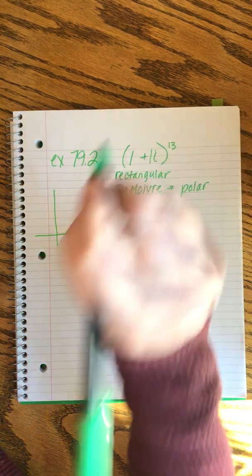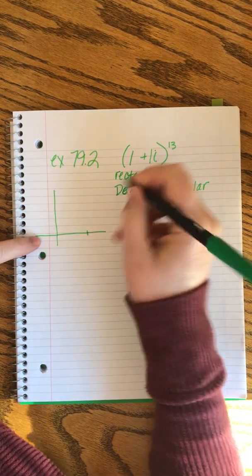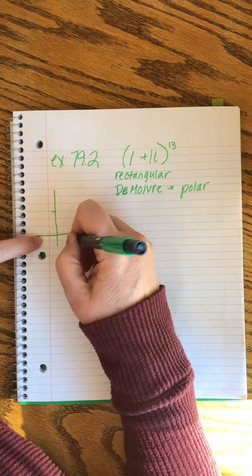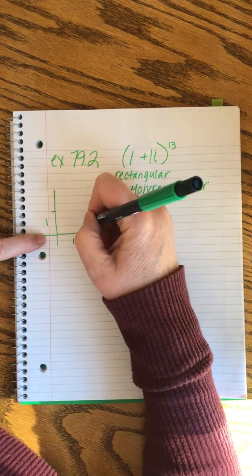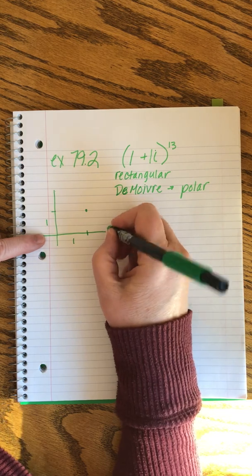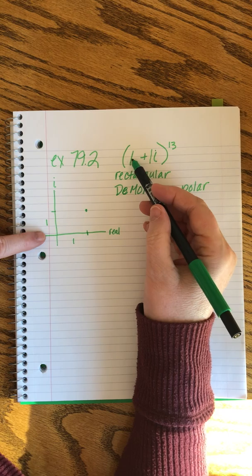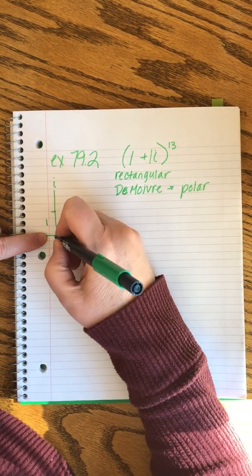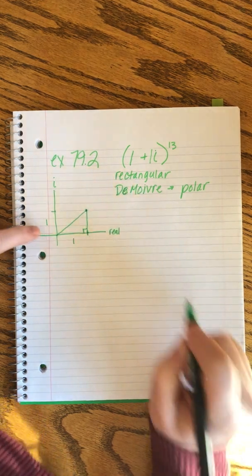That we're raising it to that power, but we don't need that to draw the triangle. What I know is that I want to go 1 unit this way, and then I want to go 1 unit this way. Okay, so I'm not doing this according to the blue lines. I'm just making up my own grid. Right there is our point, right? Because this is the reals, and this is the imaginary. So it's 1 on the reals plus 1 on the imaginary. There's my point. I draw a line back to the origin, and then I go straight down.